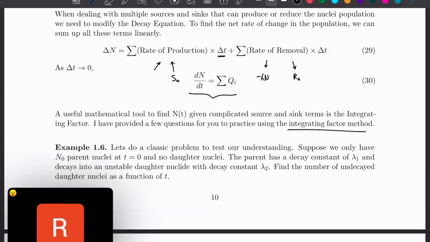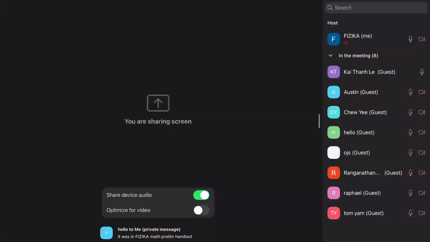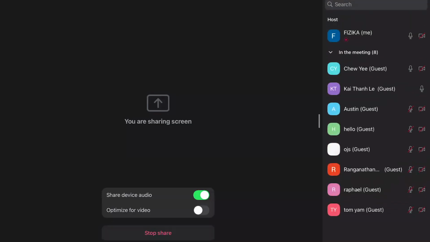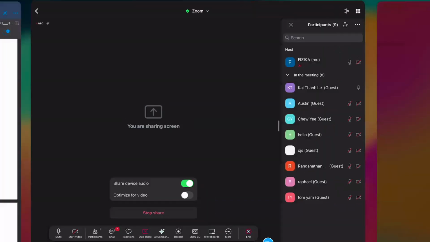Is this something that you have gone through in previous physics lessons, or is this the first time you have heard this? Okay, somebody say something. I don't think it was in previous physics lessons. Okay, maybe I can go through it.